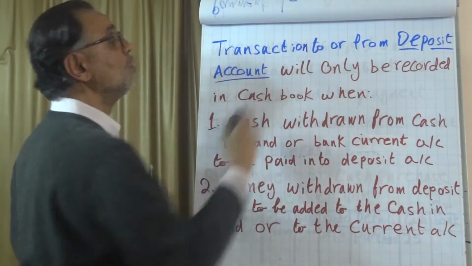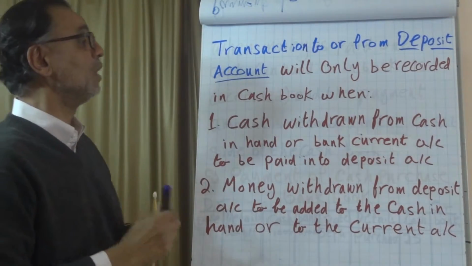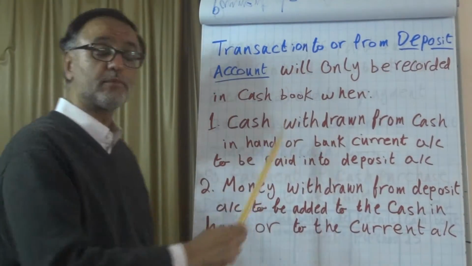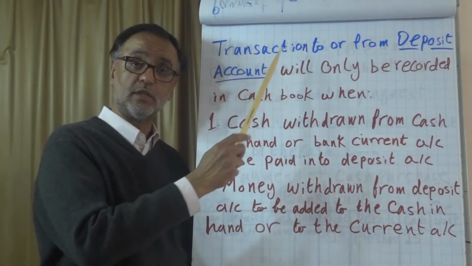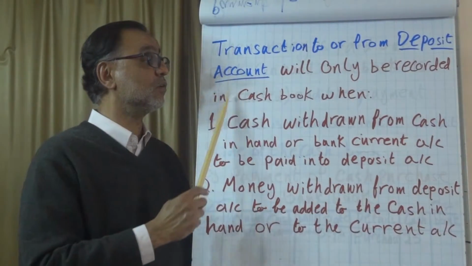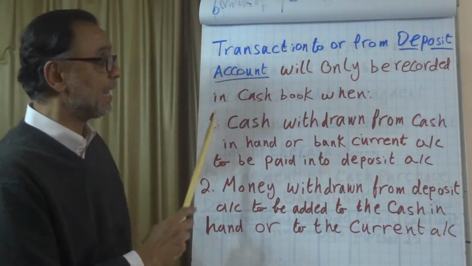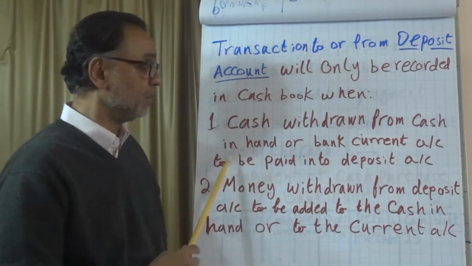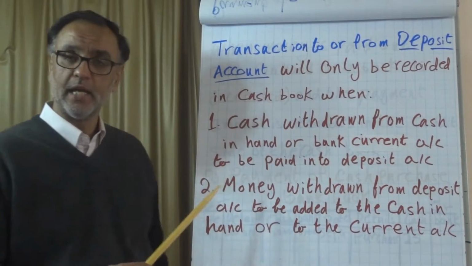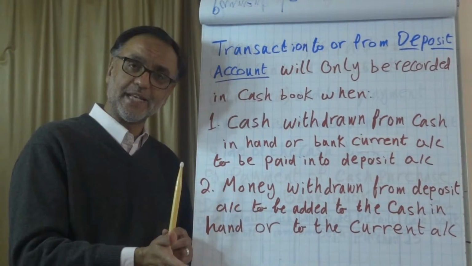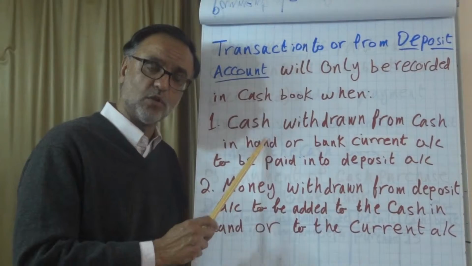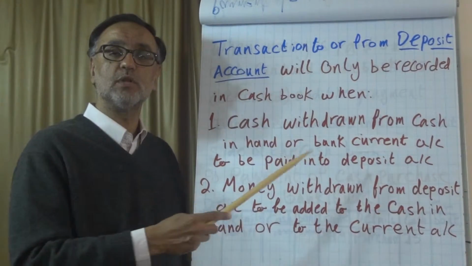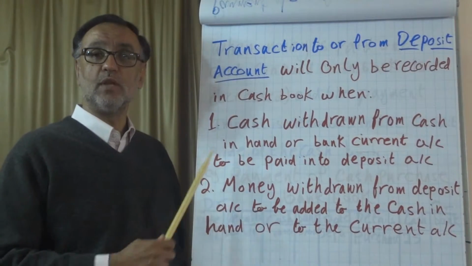Transactions to or from the deposit account will only be recorded in the cash book when cash is withdrawn from cash in hand or the bank current account to be paid into the deposit account. This means that the business will have excess cash, either in hand or in the current account, to be deposited in the deposit account. This is one case.